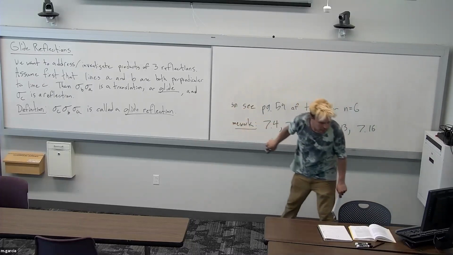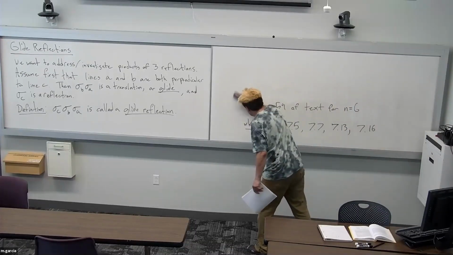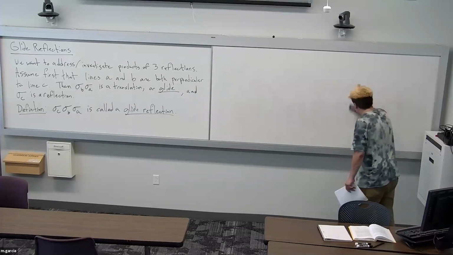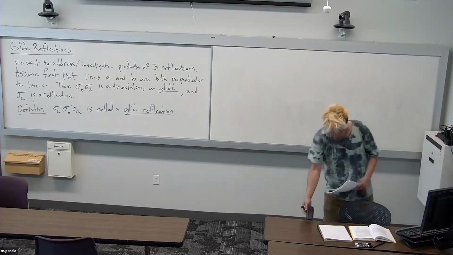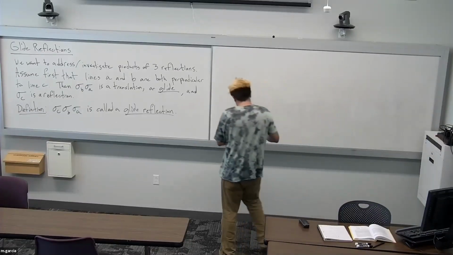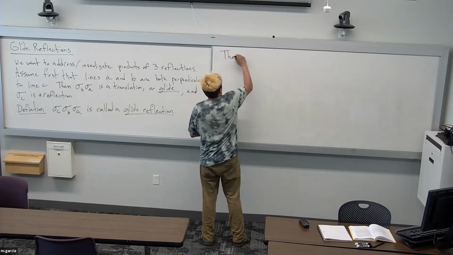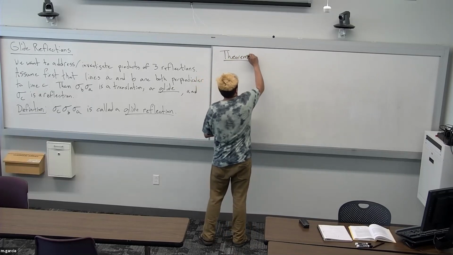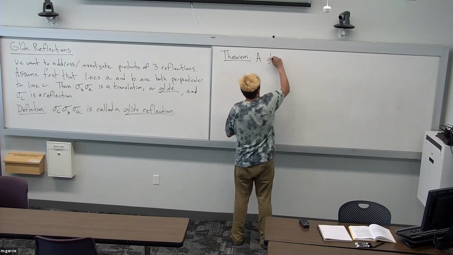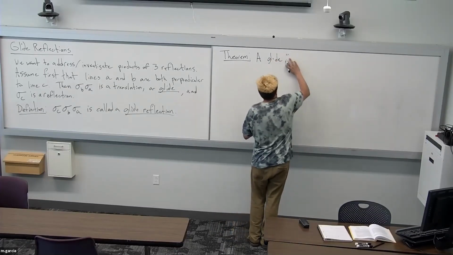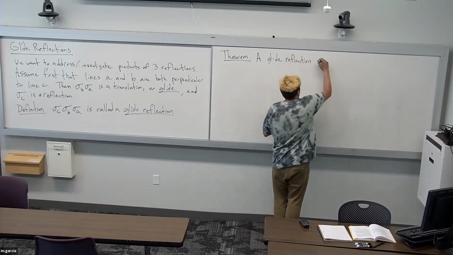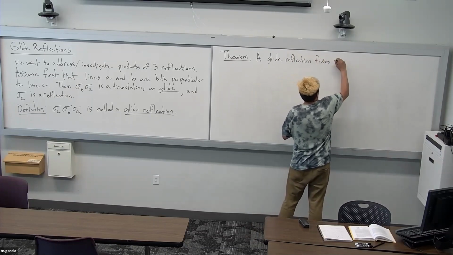Okay, so yeah, I'm just gonna state this theorem. It's a lot. And then I think we'll just call it a day. Okay. So, a glide reflection fixes no points.